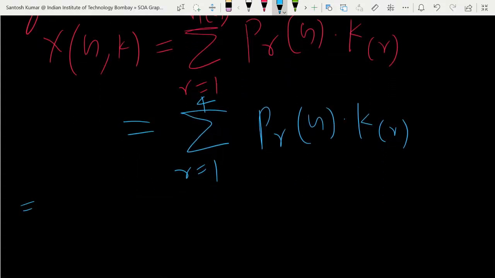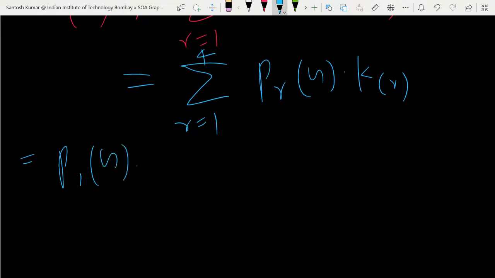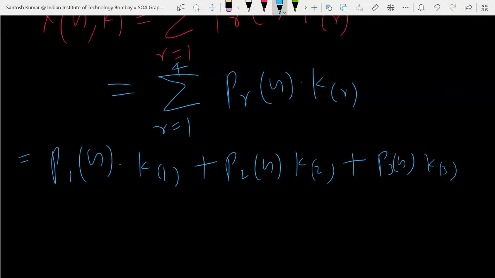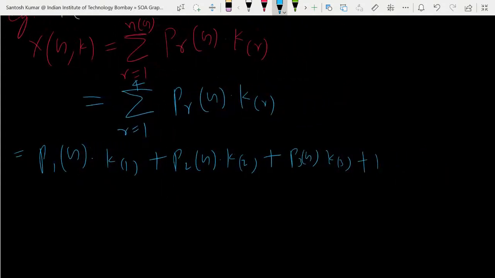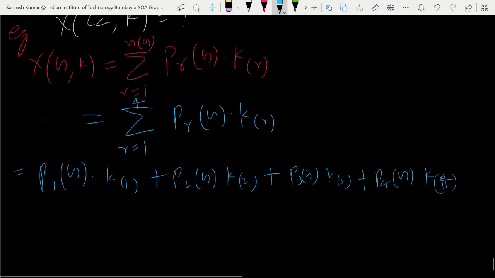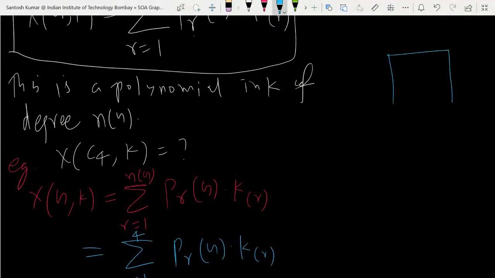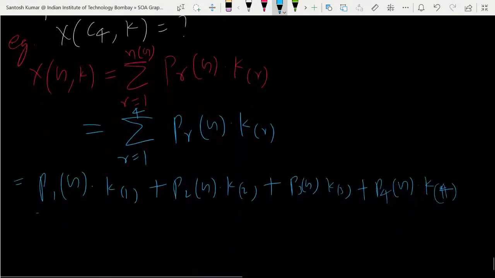Let's open the summation. It will be P1 of G into k1 plus P2 of G into k2, plus P3 of G into k3, plus P4 of G into k4. You can go till 4 only. Now you have this graph A, B, C, D. P1G means the number of partitions of the vertex set into one class.